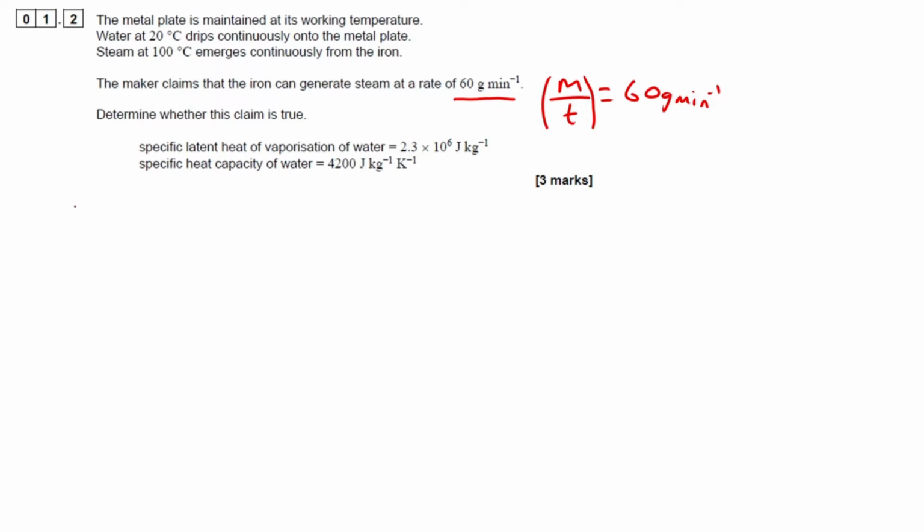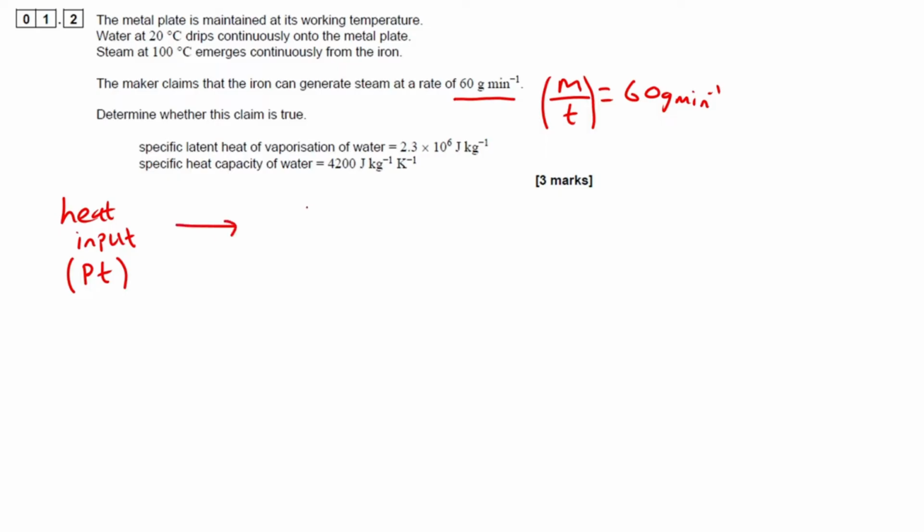Thinking about the energy transfers that are taking place, there is heat input from the iron, which is maintaining working temperature. We know heat energy is power times time from the previous question.